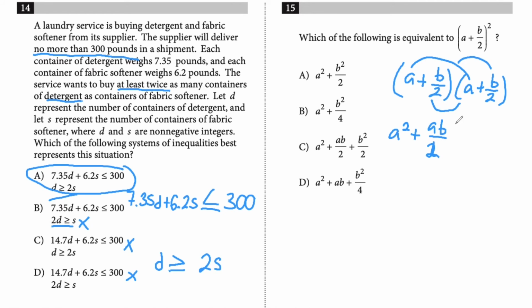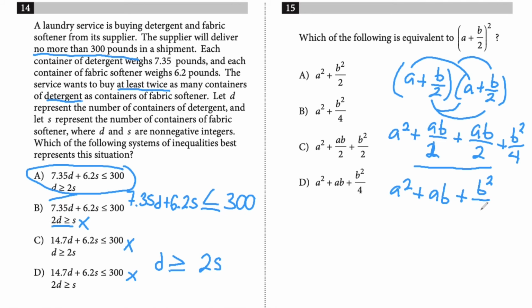Then we do the inside ones, plus AB over 2. And then we do the last ones. So B over 2 times B over 2 will be B squared over 4. We can combine these middle two, and that will be just AB. And we'll have A squared plus AB plus B squared over 4, which is answer choice D.